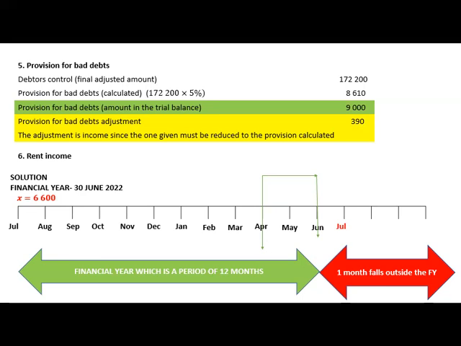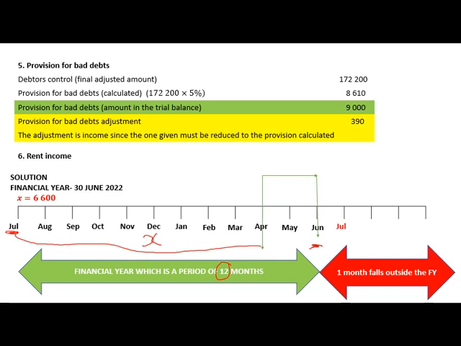So here's the thing, guys. From July 2021 to June 2022, that is a period of 12 months. But in that period of 12 months, from July to April, our rent was just X. We don't know what it was. So I'm going to take the number of months and times it by X because I don't know what my rent was.